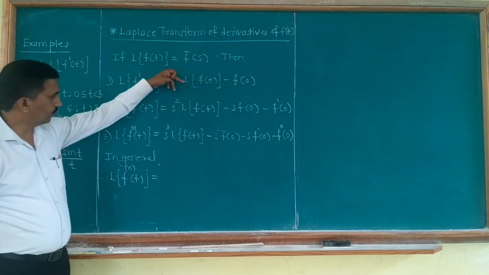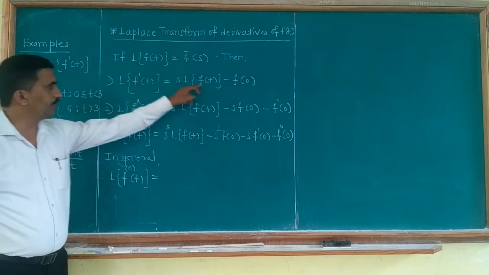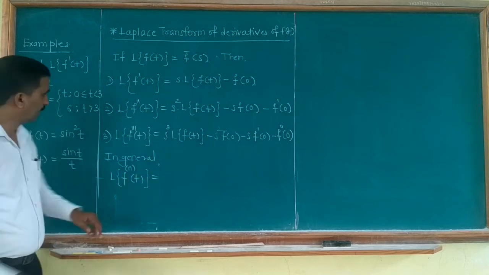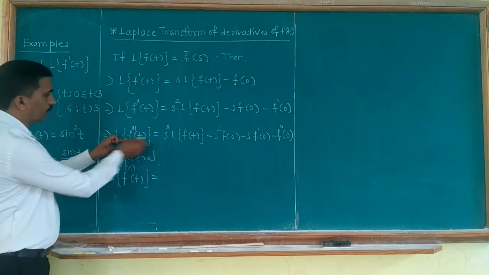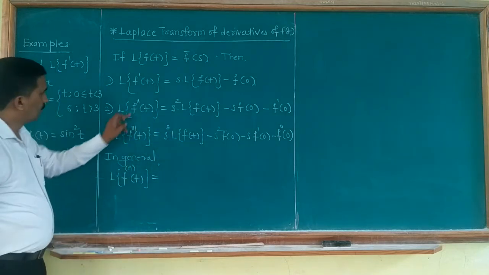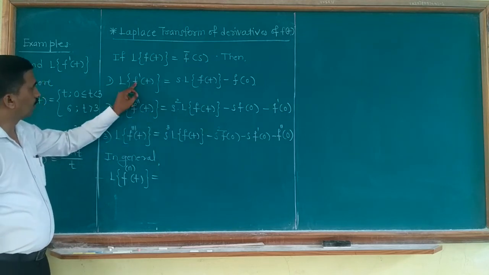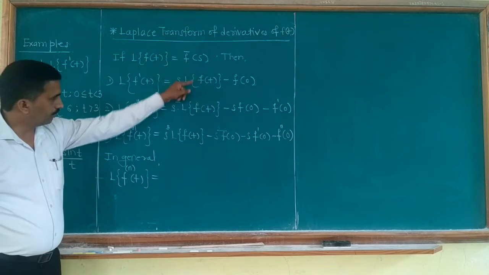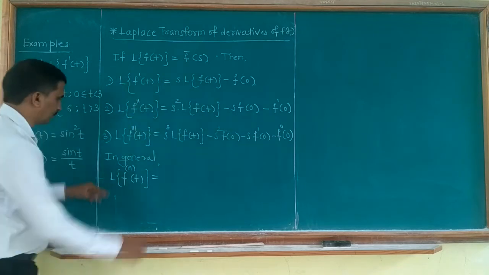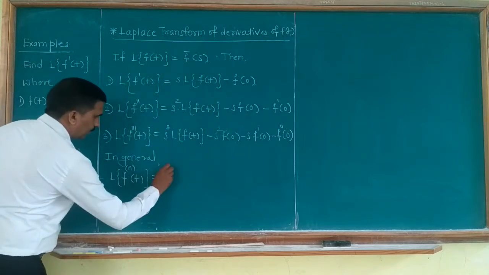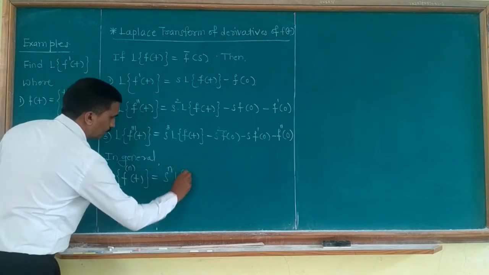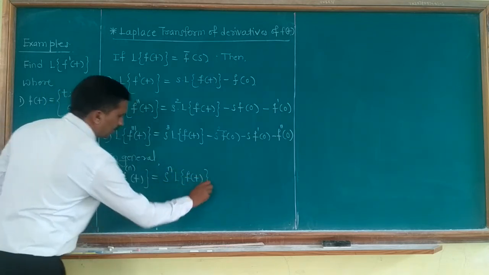In the three formulas, the first term is s into Laplace of f of t, s square, s cube, Laplace of f of t. Whatever the order, you have to take that power of s. So second order, therefore s square; first order, therefore s; third order, therefore s cube; and everywhere there is a Laplace of f of t. So the first term will be s raised to n into Laplace of f of t. So this is your first term.